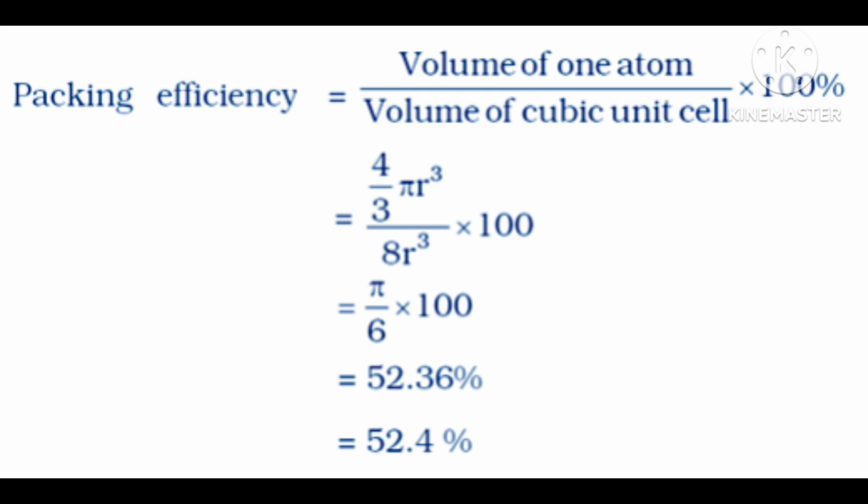And M, capital M, is the molar mass. In this case molar mass is equal to atomic mass. Atomic mass is also called molar mass. Its value is already given, 107.9 grams per mole.